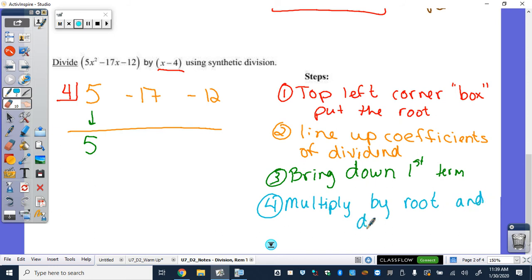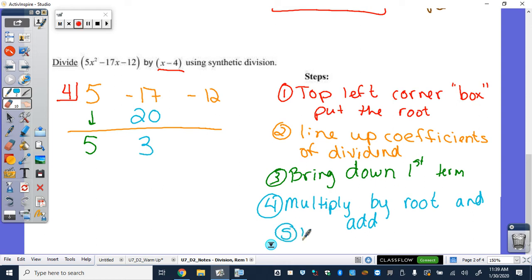So then we multiply it by the root, and then we add it. So 5 times 4, 20. And then we add going down, so negative 17 plus 20 gives me 3.